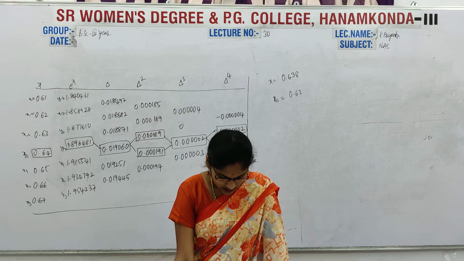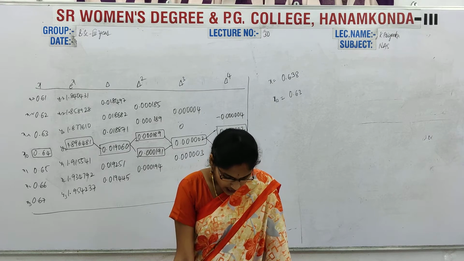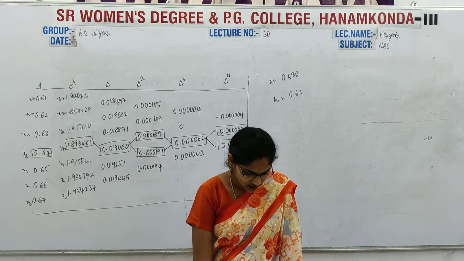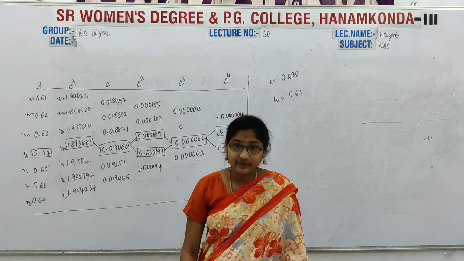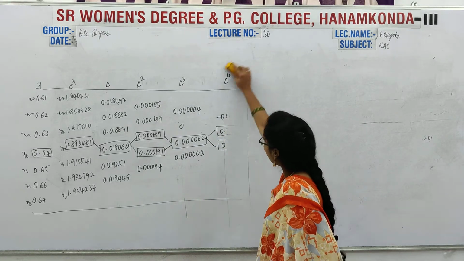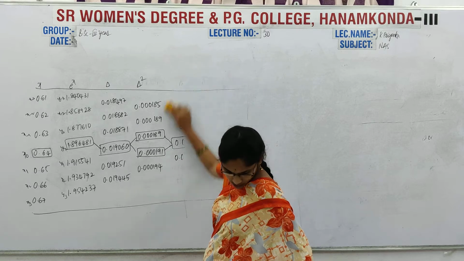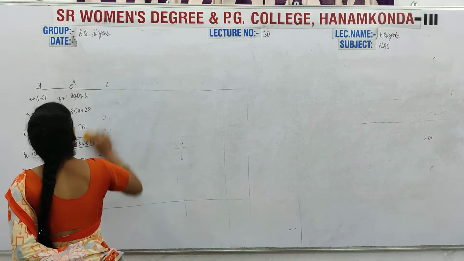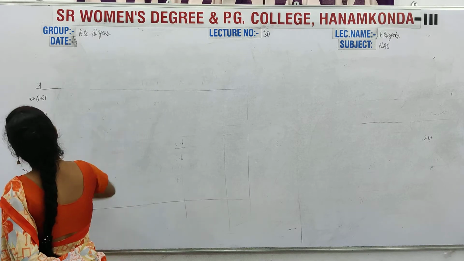Okay. Next problem. The values of x and e power minus x are given in the following table.